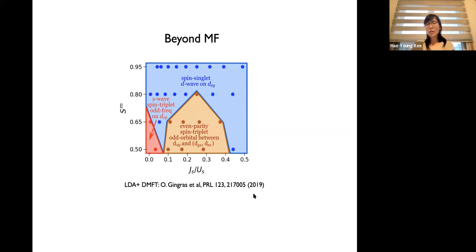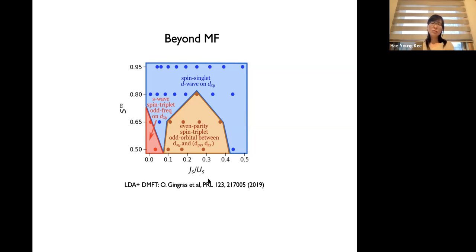Now, beyond mean field theory was done by these people in Sherbrooke, and they have found that the Hund's coupling does not necessarily have to be that big. They see that as a function of Hund's divided by Hubbard interaction, there is a window where the even parity triplet superconductor does appear when the Hund's coupling is about 10% of the Hubbard interaction.